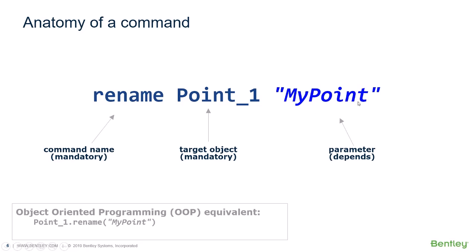So we will rename point 1 to my point, and these are the parameters. If we look a bit ahead, when you go to an object-oriented programming environment like Python, this would change to point1.rename, and then in brackets you see my point, which is the parameter. But okay, the command actually is going to have the command, a target object, and a parameter.